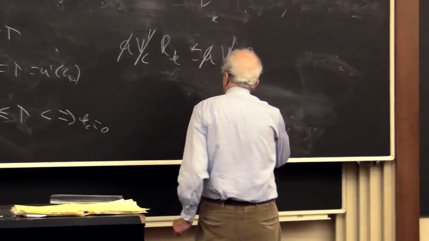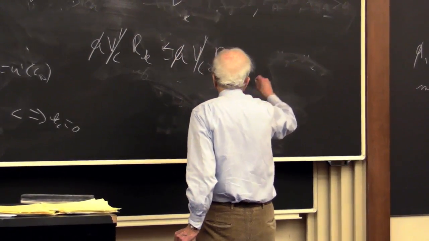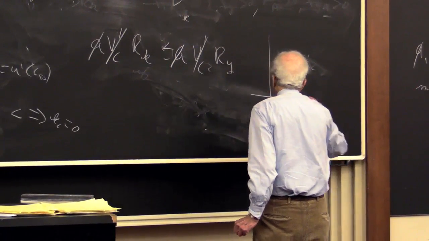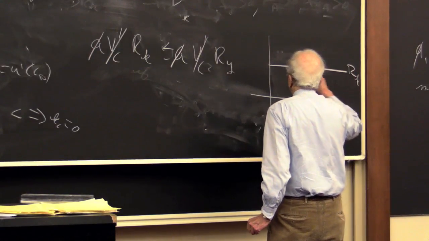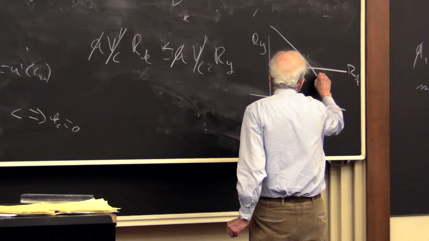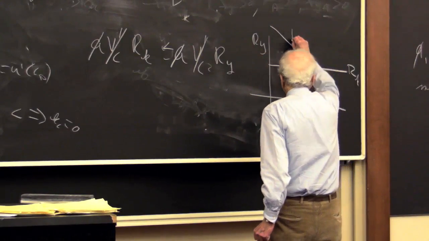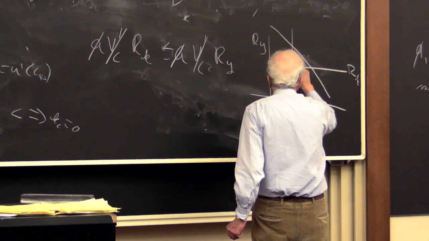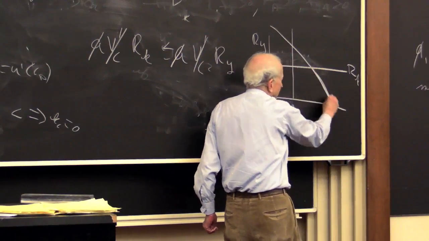So what does this say? Well, it says the marginal rate of return is higher. So we look now at, let's call this RK, and here's RY. RY is coming down. Maybe this is your optimal investment, but you never go into this interval.